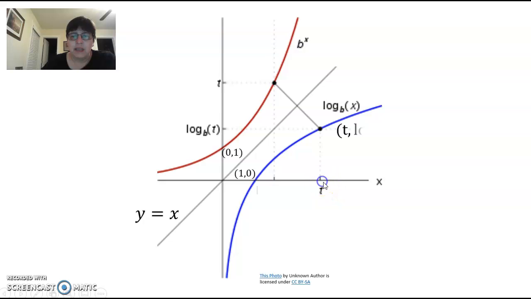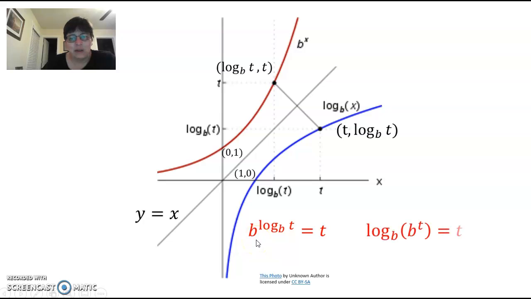If we take the point t here, we get, surprise, surprise, the point (t, log base b of t). But what's really interesting is that if we take the log base b of t and plug it into the function b to the t, we get the point t.